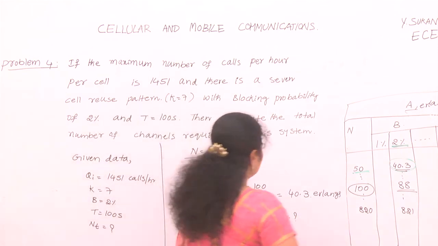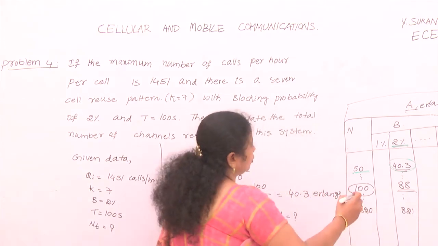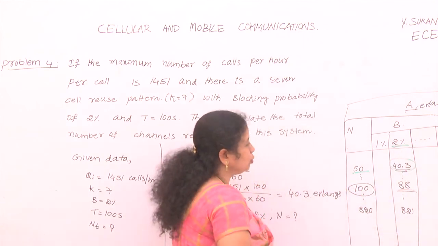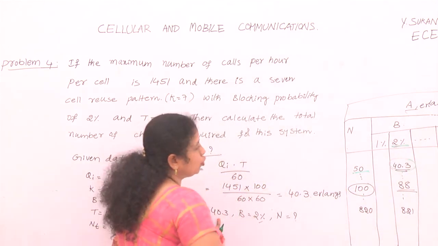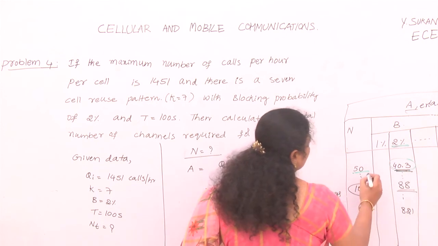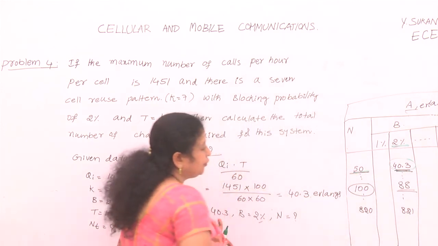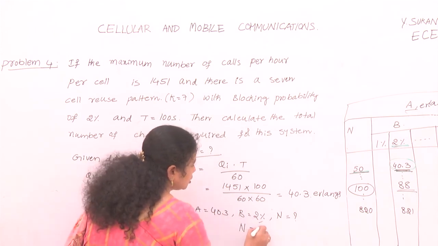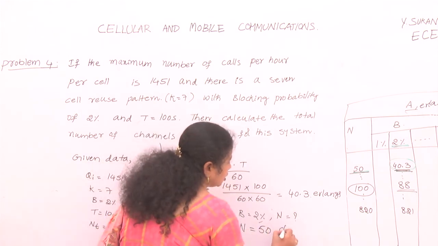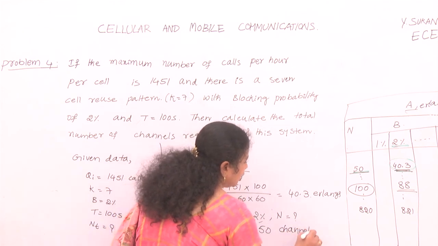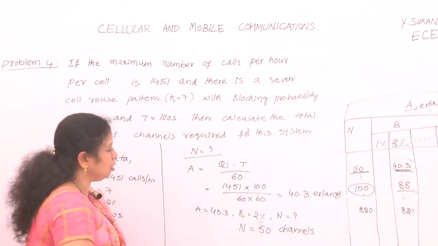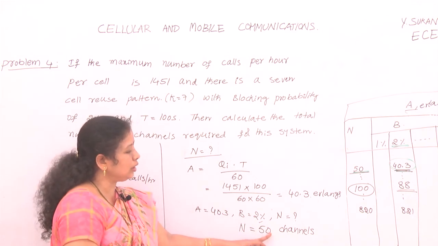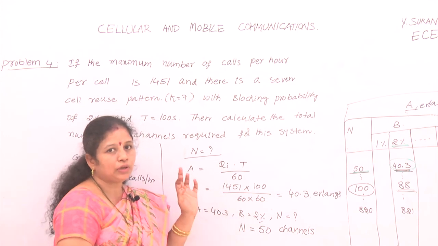For a blocking probability of 2% with an offered load of 40.3, it requires 50 channels. So in order to handle this load, it requires 50 radio channels per cell. Only in a single cell it requires 50 channels.